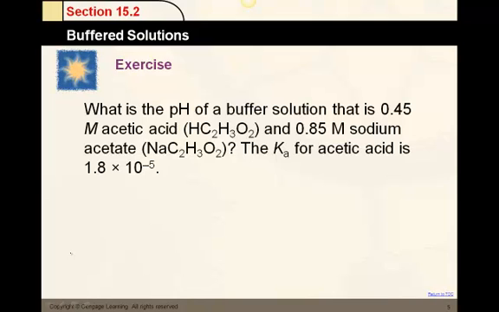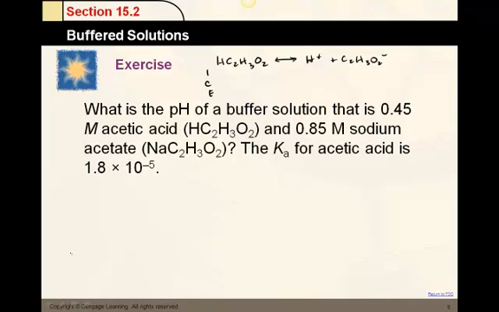So in this case, here's acetic acid, HC2H3O2. You could write water if you prefer, but I'm just going to write hydrogen and C2H3O2 negative. So in this case, because it's a weak acid, of course we're going to solve using ICE.